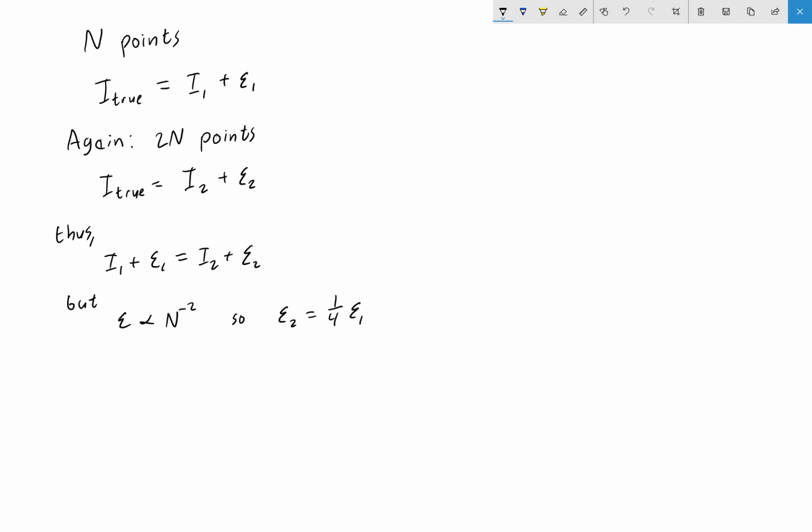You can't say it's exactly 4, but it's around 4. So I1 plus 4 times E2, where we just replace E1 with 4E2, would be equal to I2 plus E2, and then we can solve this for E2. So E2 is equal to 1/3 of I2 minus I1.